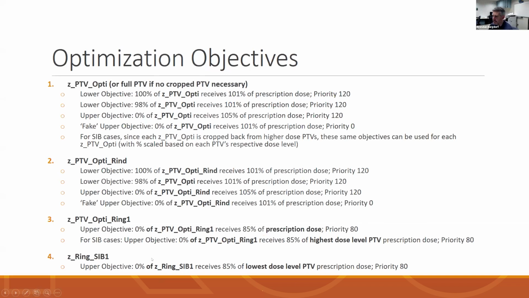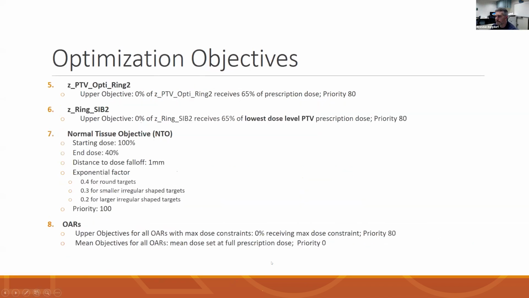And remember, we talked about this. The cropping of this is based on the 85% level of the lowest dose PTV. So that's why we're using it for the objective. And for ring 2, it will be 0% receives 65% of the highest dose level PTV. And for Z ring SIB2, 0% of this structure will receive more than 65% of the lowest dose level PTV with a priority of 80.